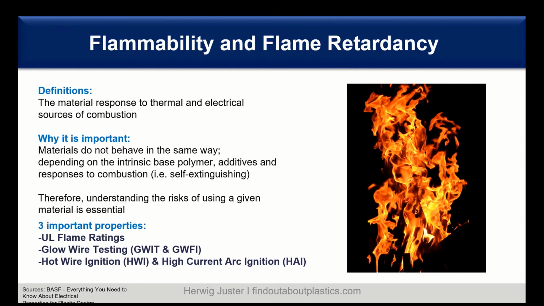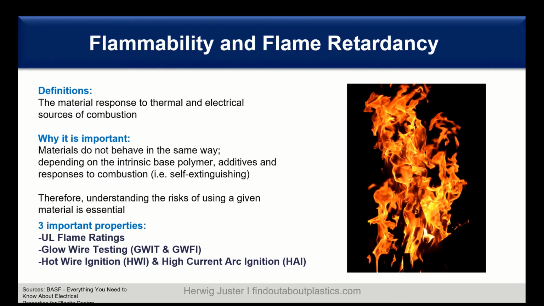On the one side, it depends on the intrinsic base polymer. For example, PPS is really hard to burn and has an intrinsic V0 level, and then it depends also on the additives you add, and also the combustion source itself, and therefore it is really important to have a good material understanding of how this material behaves to certain combustion risks.